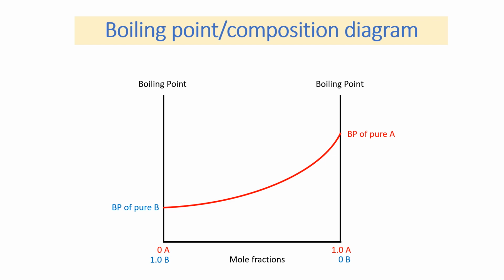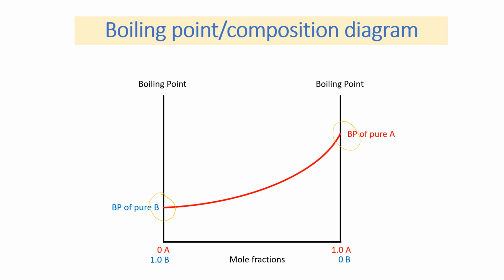Why is the boiling point of compound B less than compound A? Because previously compound B had higher vapor pressure as compared to compound A. Higher vapor pressure means that compound B is more volatile than compound A. That is why the boiling point of compound B is less than compound A.